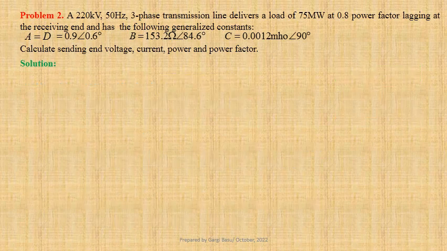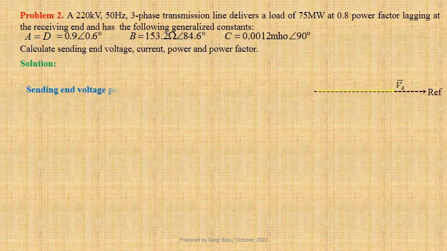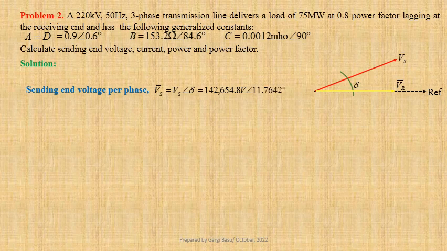We have obtained sending end voltage per phase Vs equals Vs at an angle delta equals 142,654.8 volt at an angle 11.7642 degree, and sending end current per phase Is equals Is at an angle phi 1 equals 179.78 ampere at an angle 6.85 degree.